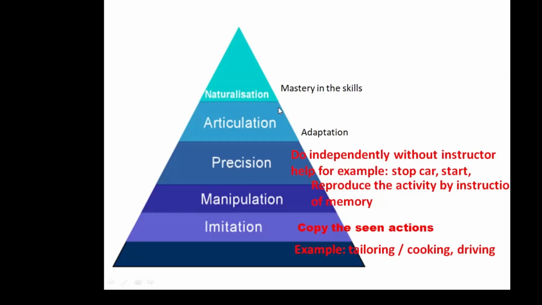Today we're going to talk about how the psychomotor domain works. It goes from bottom to top, and as the level increases, that means a higher order of activity. We cannot say higher order of thinking, because it's not cognitive.